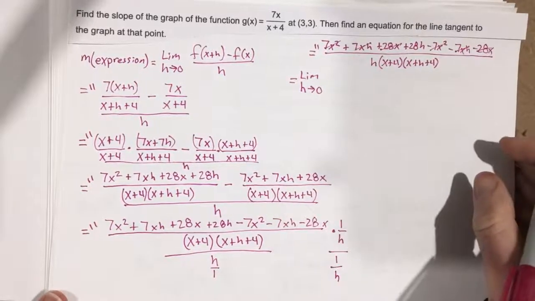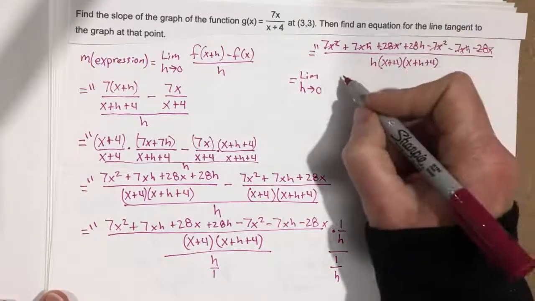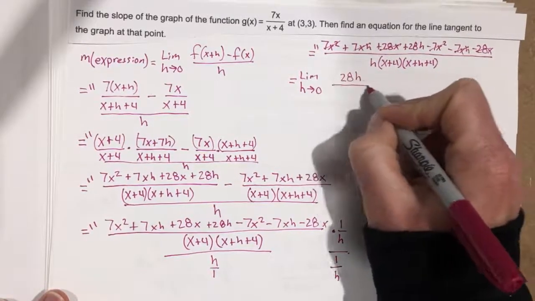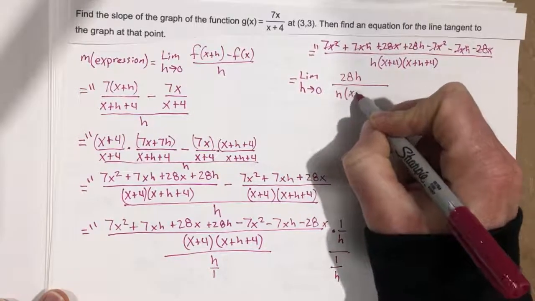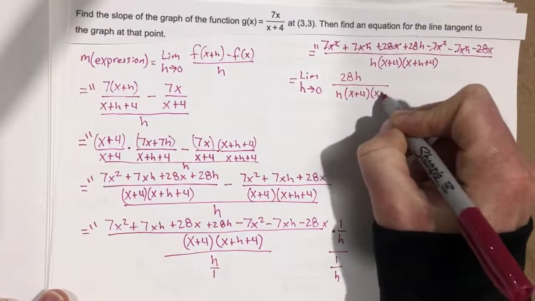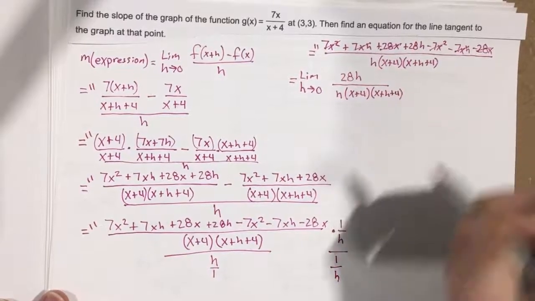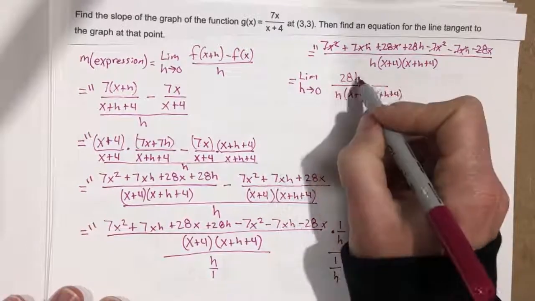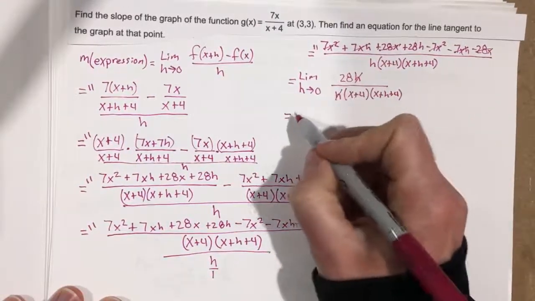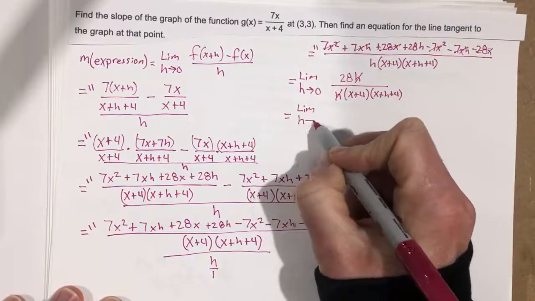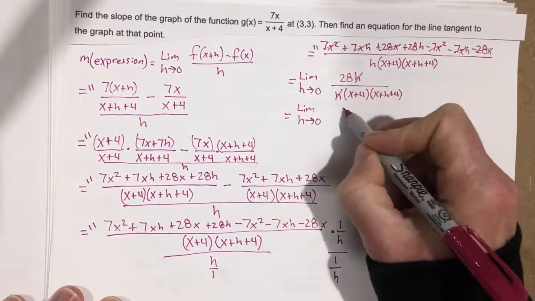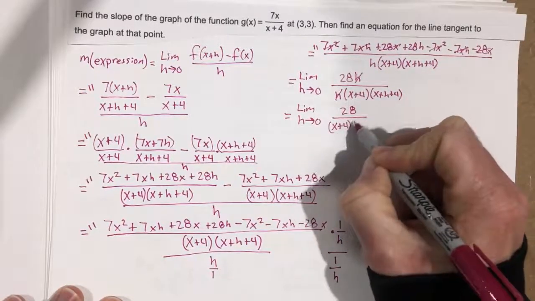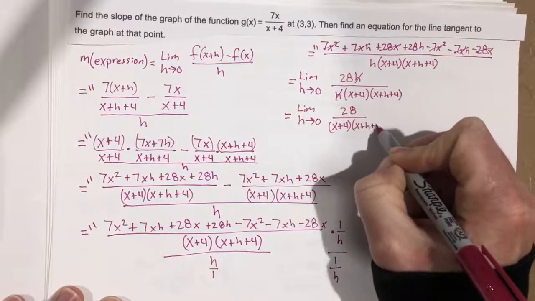So I'm left with 28h on top over h times x plus 4 times x plus h plus 4. And then the h's are going to cancel, and that's the limit as h approaches 0 of 28 over x plus 4, x plus h plus 4.